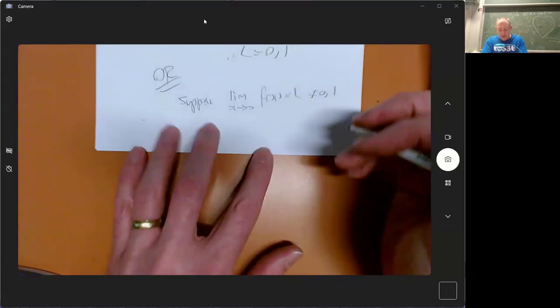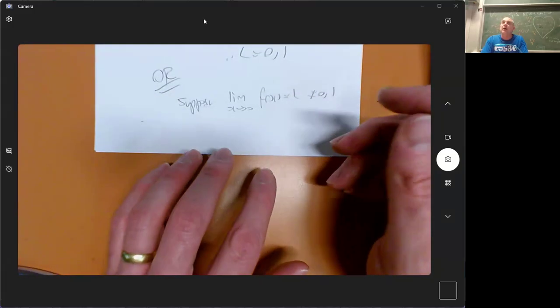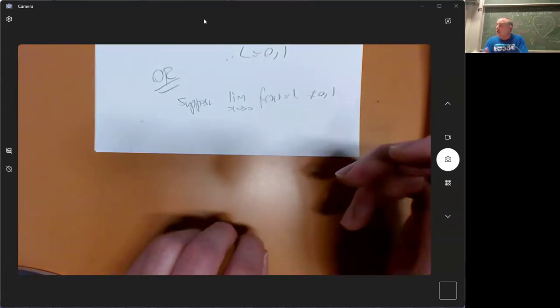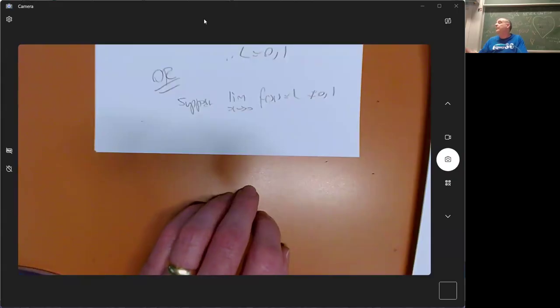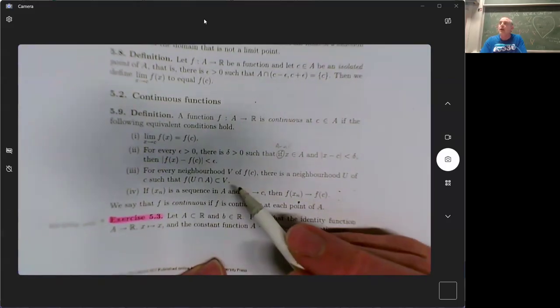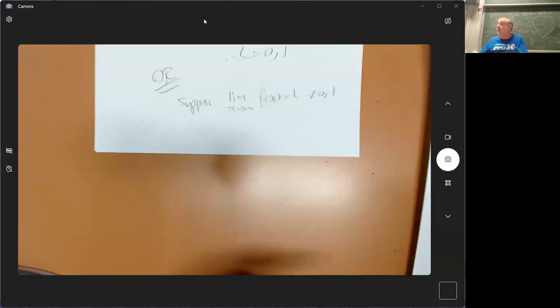And then you could say, we know that for every neighbourhood around L, there is a matching neighbourhood in the domain such that f of that is fully contained in V. And so if it contains any negative numbers, yeah, it's the same argument.